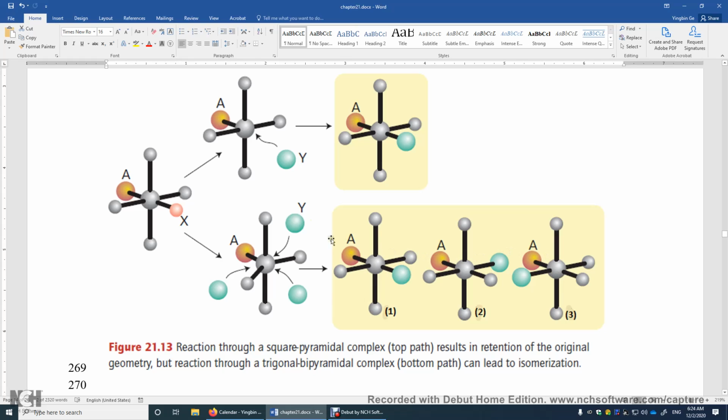But of course, if this A is much bulkier than the gray spheres, I would say, well, you probably will have more trans, because it's more likely for this green sphere to attack the metal between the two smaller gray spheres, and then you'll get more trans. You'll get more than 33% of trans.